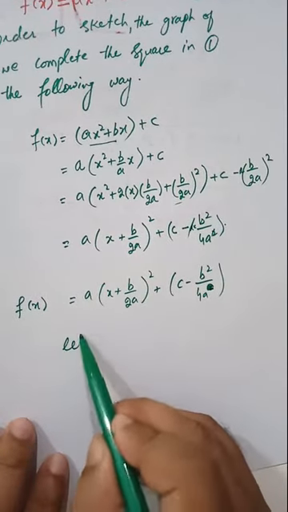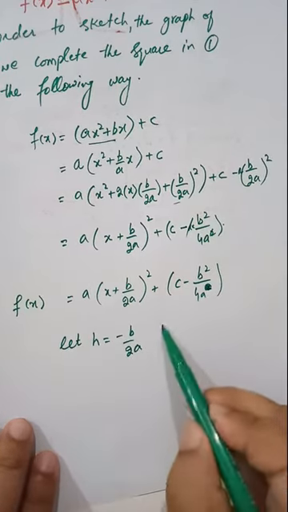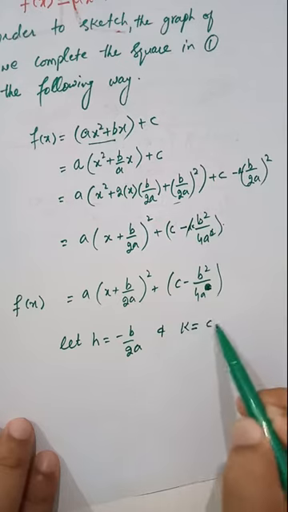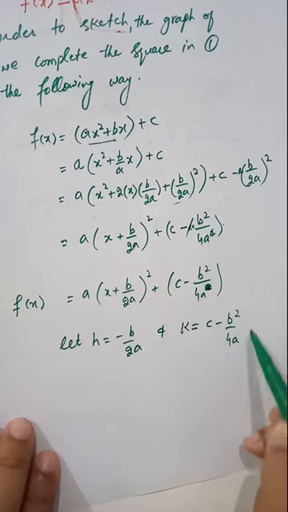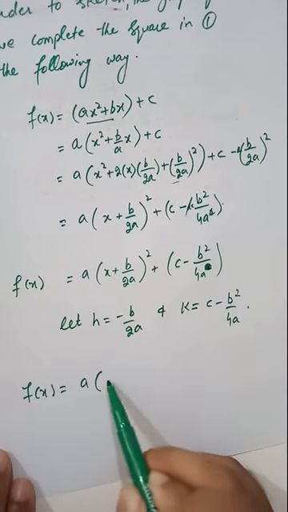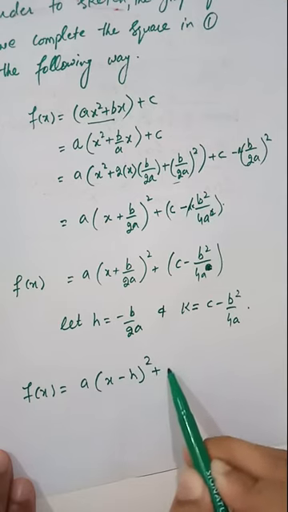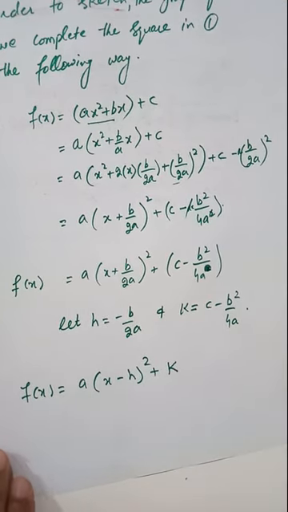Okay. So now let's say h is equal to minus b divided by 2a and k is equal to c minus b square divided by 4a. So this function will become f of x is equal to a times (x minus h) whole square plus k.